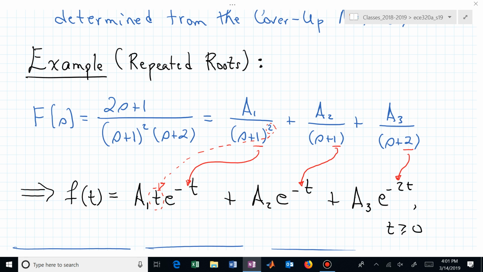If you now have A1, A2, and A3, if you were short on time and you've now written down this partial fraction expansion on the exam, you could immediately start to write down its time domain version. And you could say, okay, if I have time, I'll go back and find A1, A2, and A3. And then it's just a matter of plugging those into those weights or coefficients in our time domain waveform.